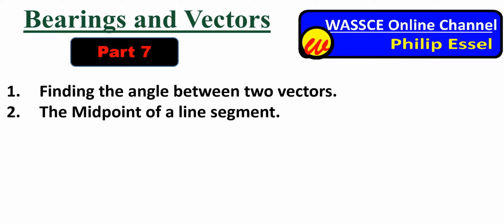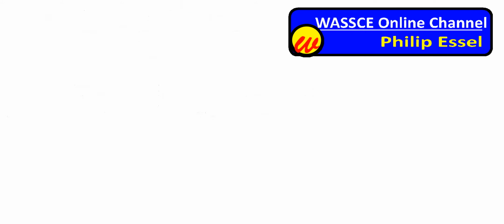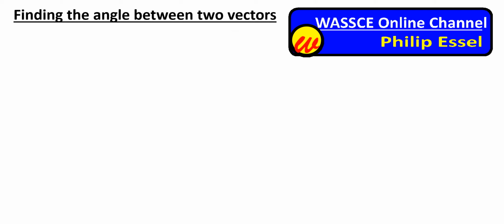First, we'll be finding the angle between two vectors. Then second, we'll be looking at the midpoint of a line segment. So first, we'll look at how to find the angle between two vectors.